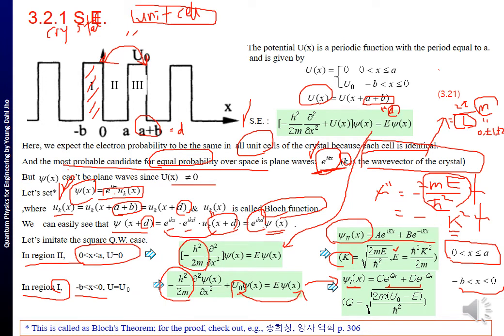I'm pretty sure if you solve the finite barrier problem with a single quantum well, you will get to know what I'm saying now. So we leave both C and D non-zero for now.